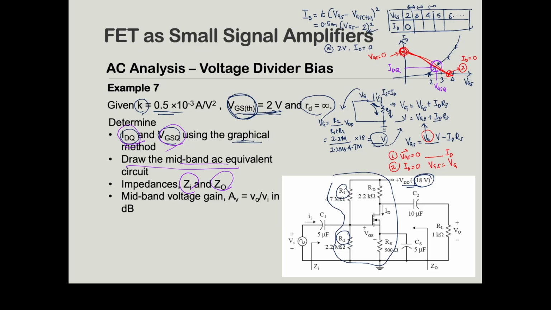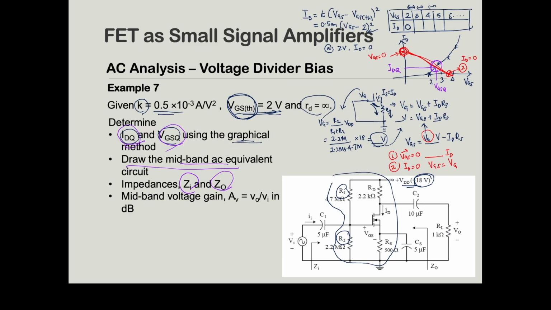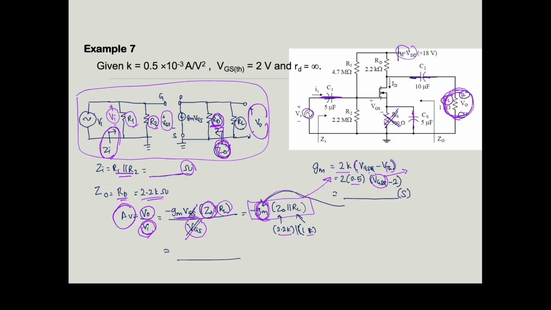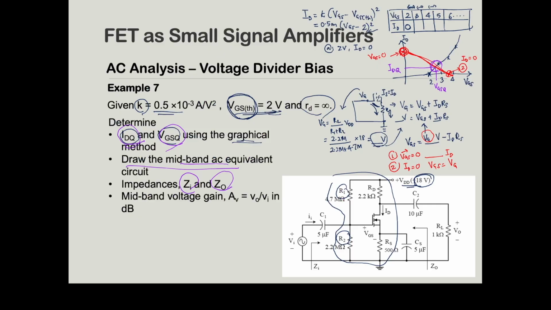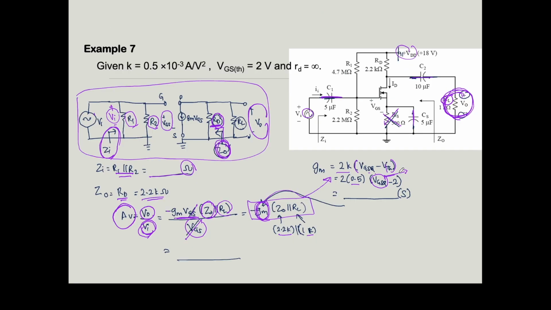VGSQ is based on what you calculated in example number 7, from the graph that you have here. You take this value, minus 2, multiplied by 2 and 0.5, which is the value of K. Then you get the value of gm. Once you have gm, you can substitute it into here, and you get your voltage gain.